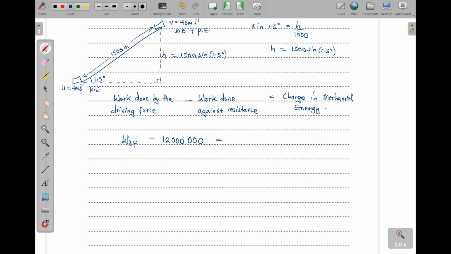Then change in mechanical energy, we shall get the final. In the final mechanical energy, you should know that it is gravitational potential energy plus the kinetic energy. And potential energy is given as mgh. Kinetic energy is a half mv squared.